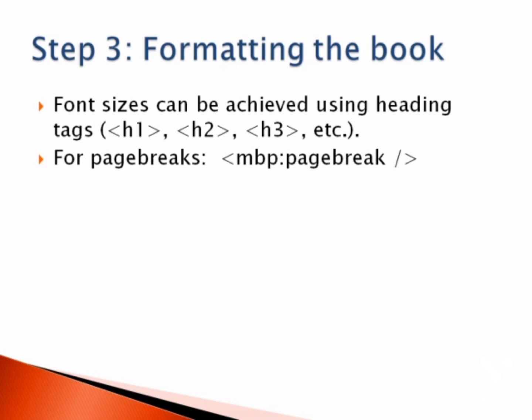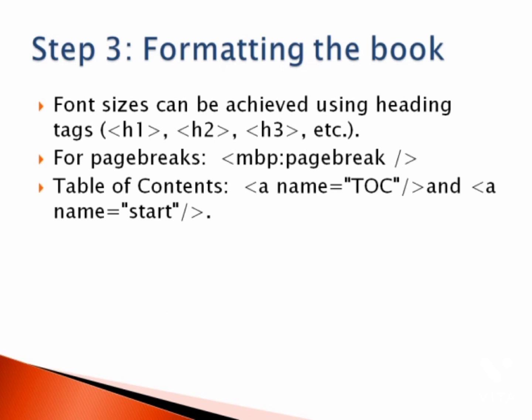So you want to tell Amazon Kindle where the page breaks are going to be. So this is the tag that you would use in front of wherever you want the page break to be. Table of contents, to tell Amazon Kindle where your table of contents is, you want to have the specific tag in front of it.